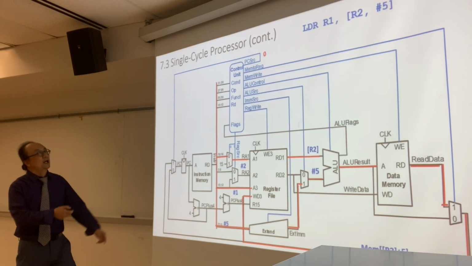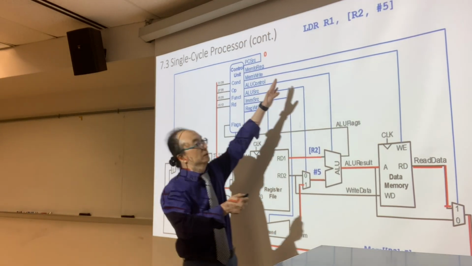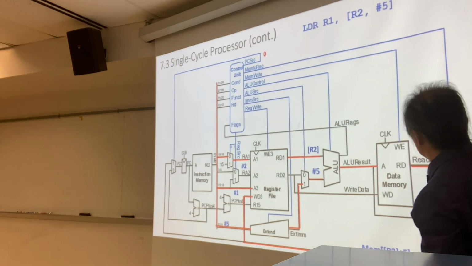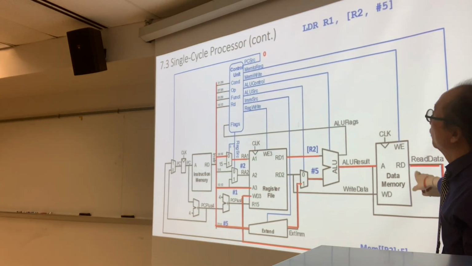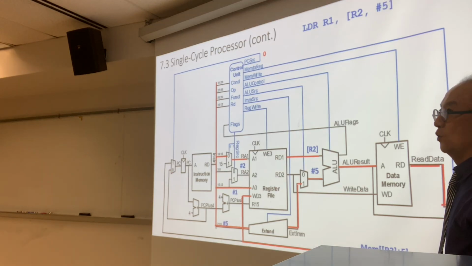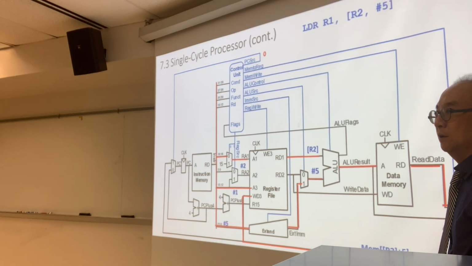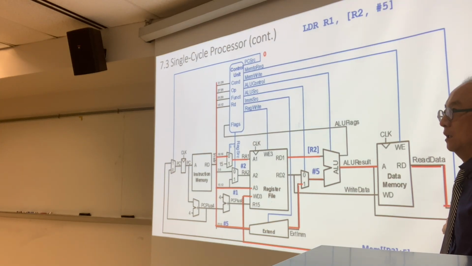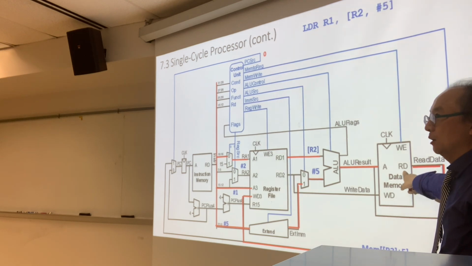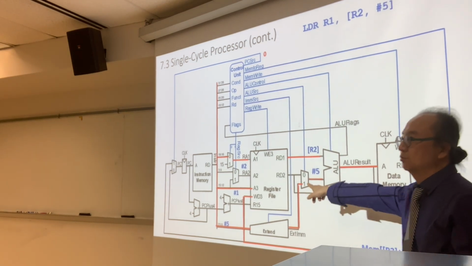And then mem to reg. If you look at this line, it's memory to register. So when we have an LDR, we have to select 1. Do we have any other instructions where we're going to have 1? No, because LDR is the only instruction we discussed. We're going to get the content of memory and put it back to the register.